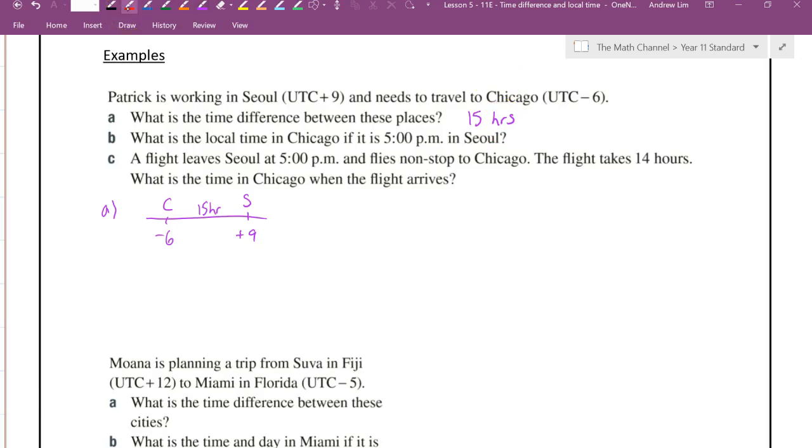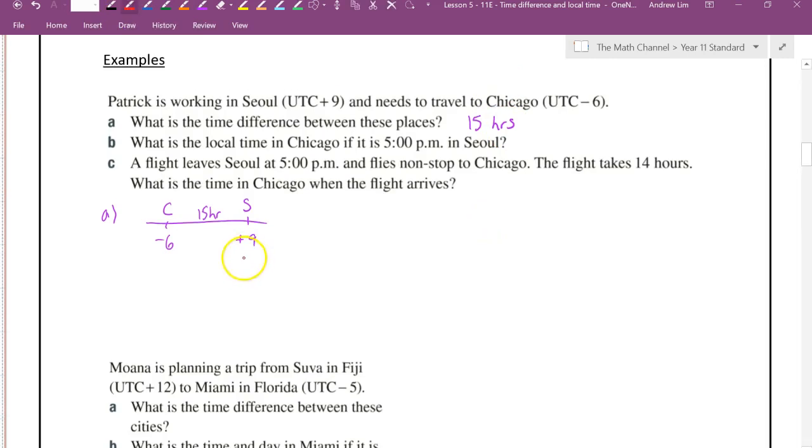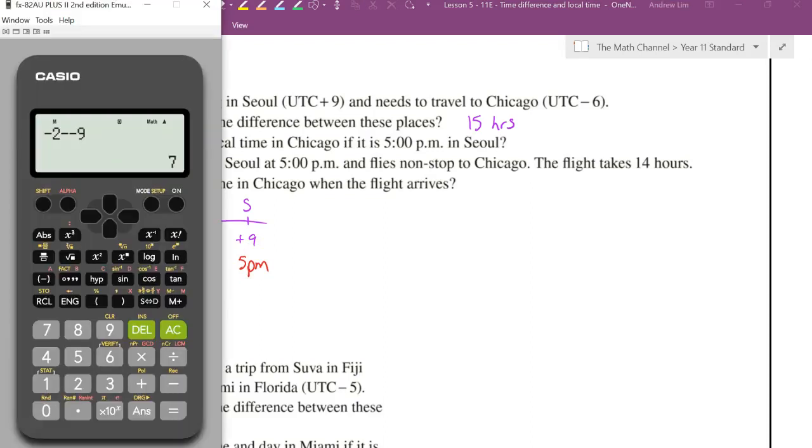Question B. What is the local time in Chicago if it is 5 p.m. in Seoul? I'm going to write my 5 p.m. over here. If there's a 15-hour difference, I'm going to get my calculator out and type in 5 p.m. Because it's p.m., I'm going to write it in 24-hour notation.